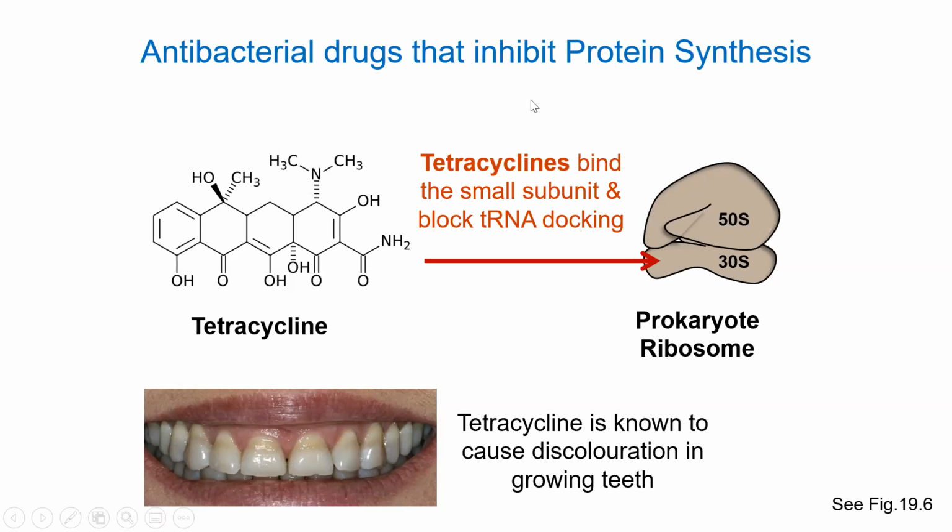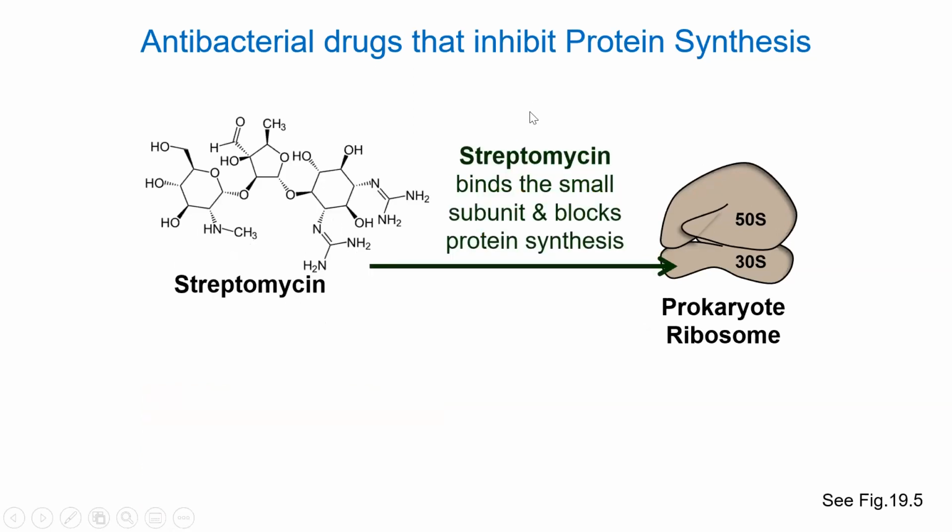So those are the two to really know, erythromycin and tetracycline. I wanted to mention one other drug that is mostly important historically, streptomycin. Streptomycin was actually the very first drug to treat tuberculosis.